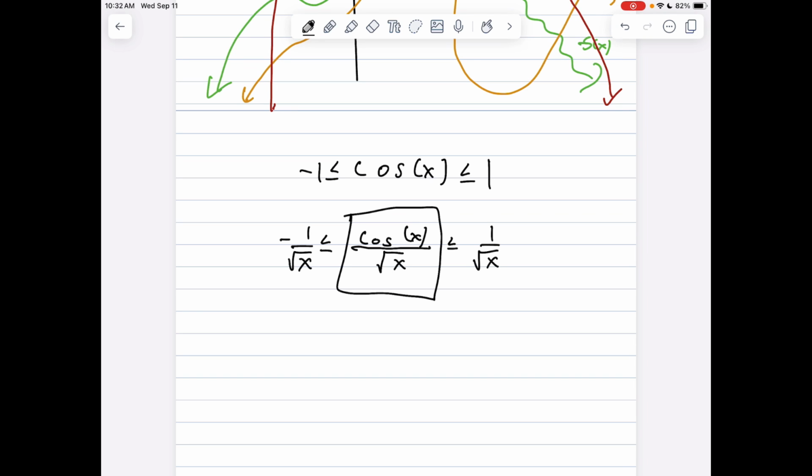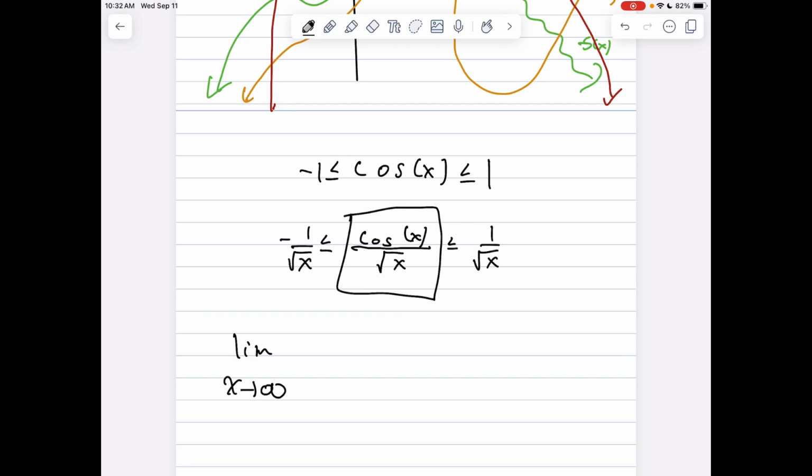So again, we said cosine of x is between -1 and 1, so you build up some inequality, often from some known fact, in this case from trigonometry, and then you divide by the square root of x, and you get your inequality.